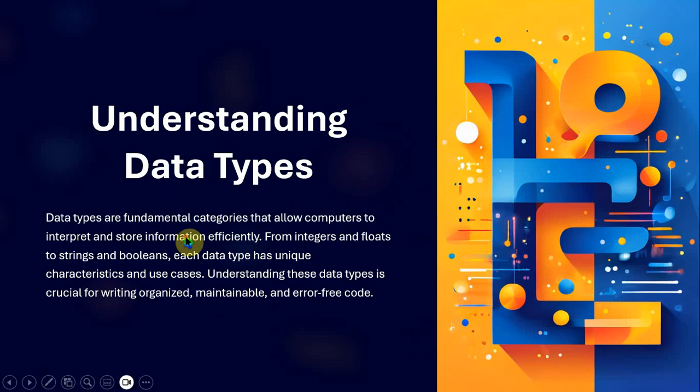Okay. So understanding data types. Data types are fundamental categories that allow computers to interpret and store information efficiently. From integers and floats to strings and booleans, each data type has unique characteristics and use case.